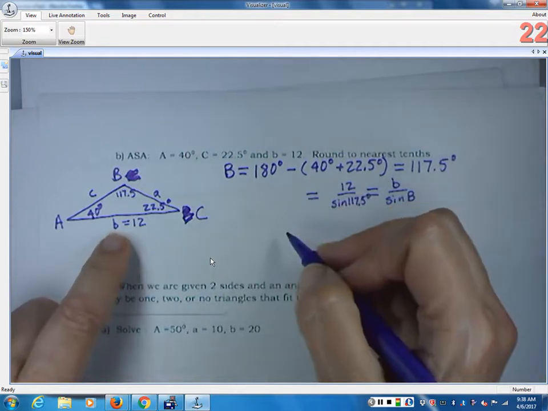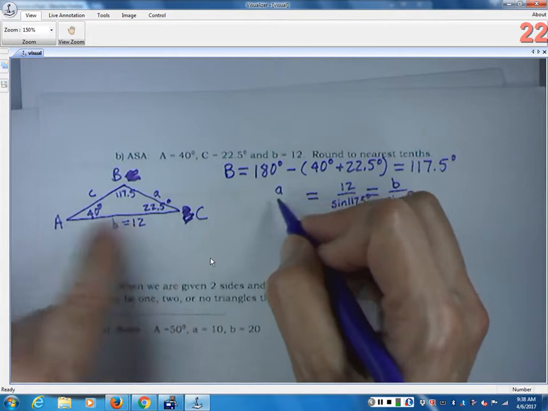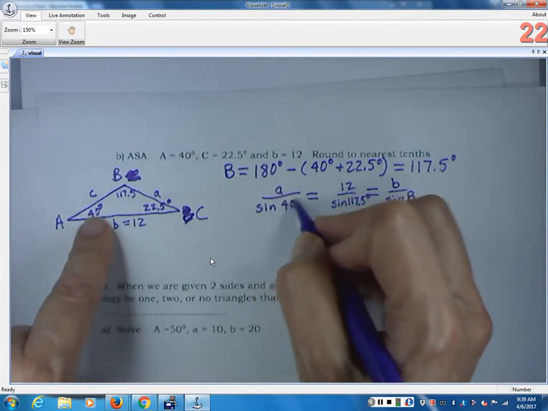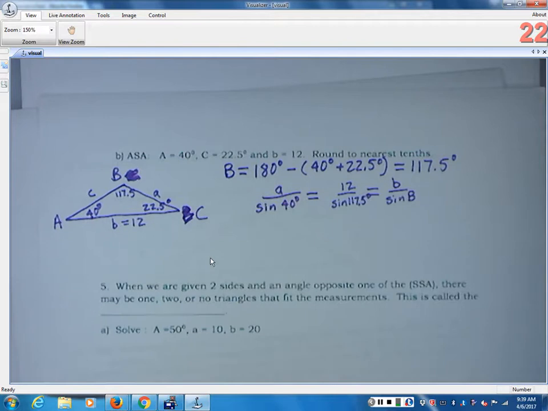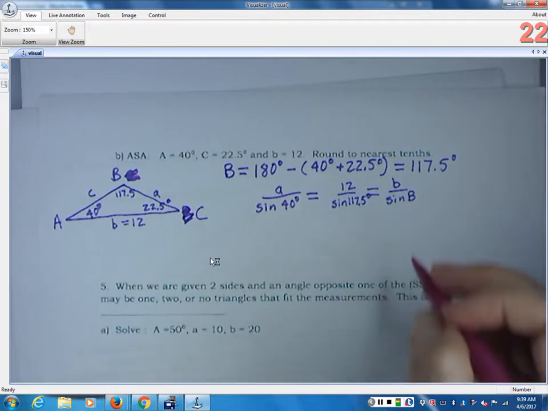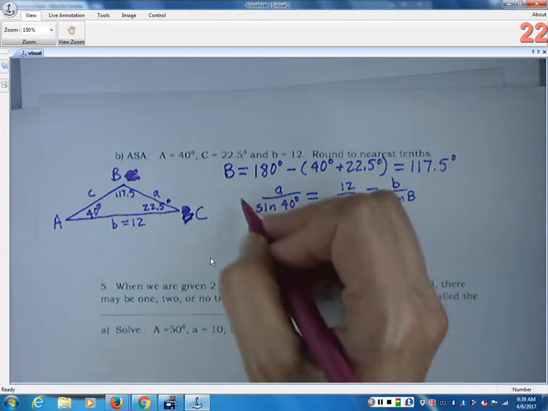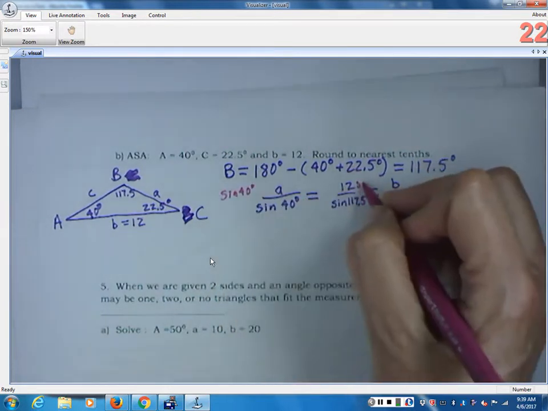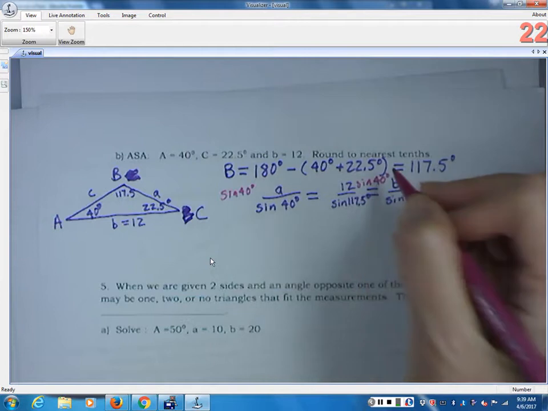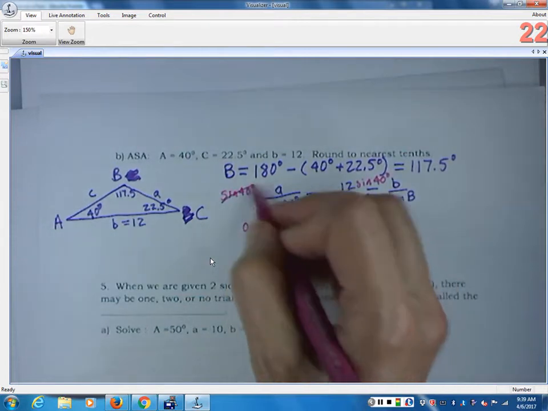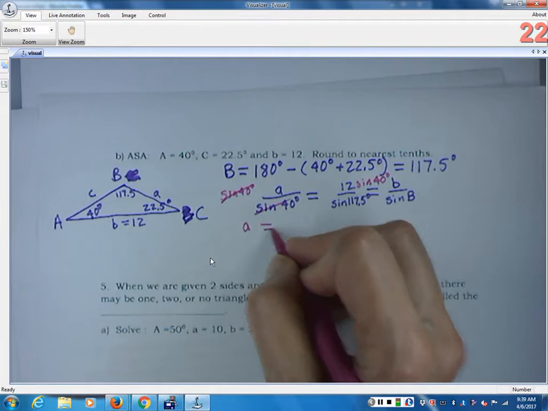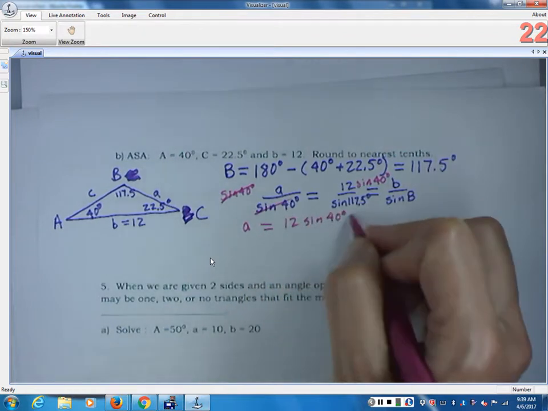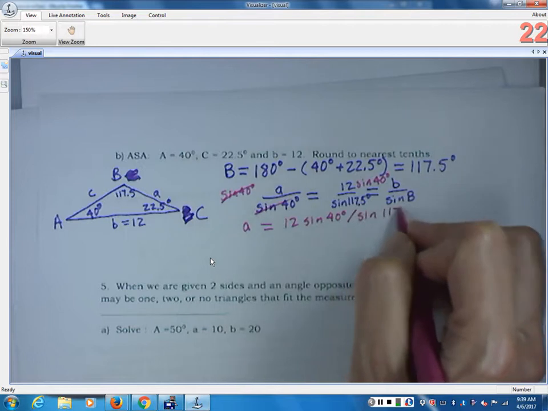We're going to set that equal to a over sine of A, 40 degrees. We're going to multiply through by sine of 40. So our a is going to be 12 sine 40 degrees divided by sine 117.5 degrees.